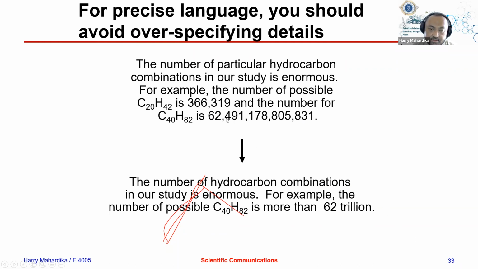Even the reader will have difficulties when reading the exact number, 62 trillion 491 billion 178 million 805,831. So it's difficult. Instead of using the precise number, we just use this number instead.